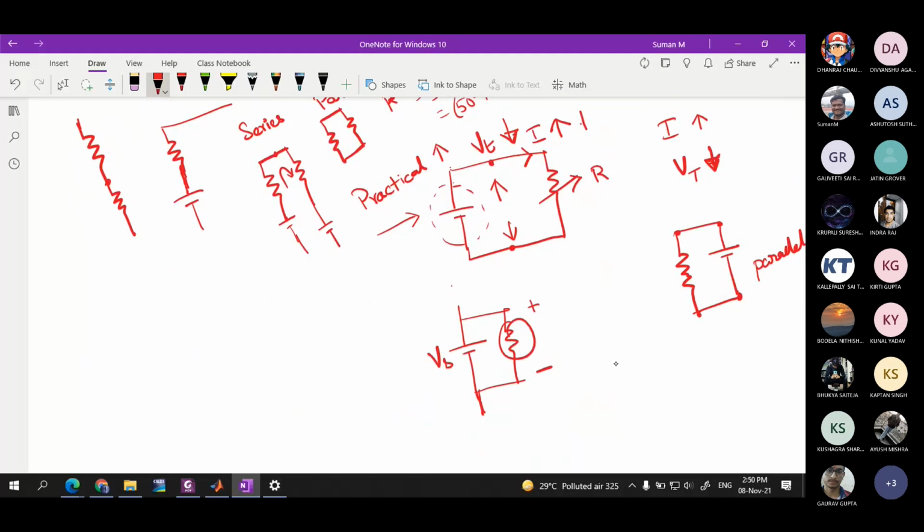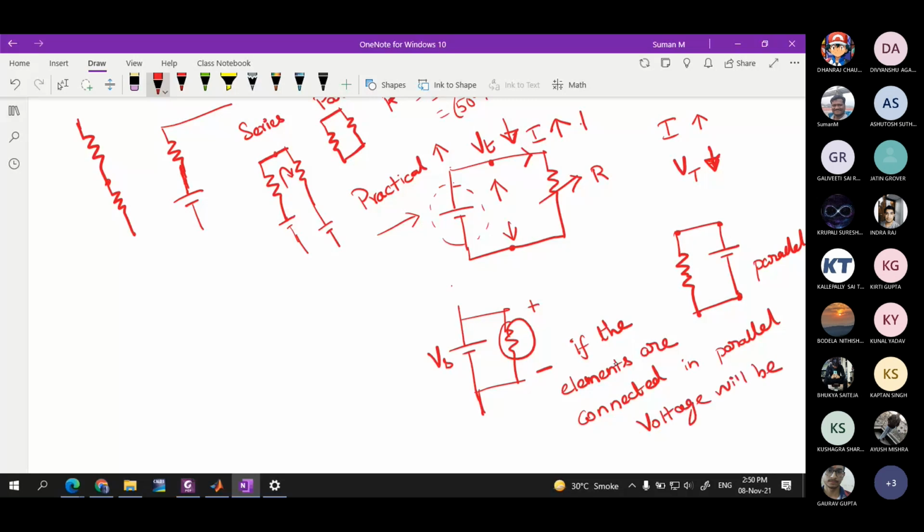In short, you can say that if the elements are connected in parallel, then the voltage will be same across each element which are connected in parallel.